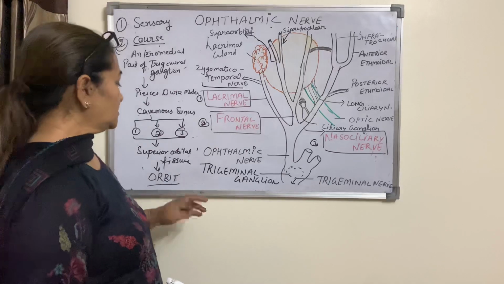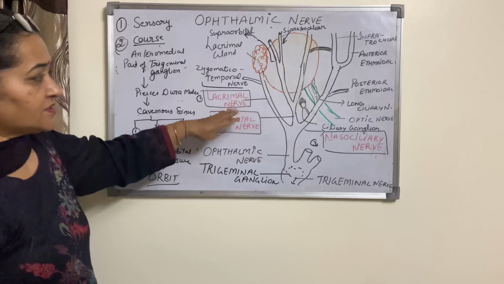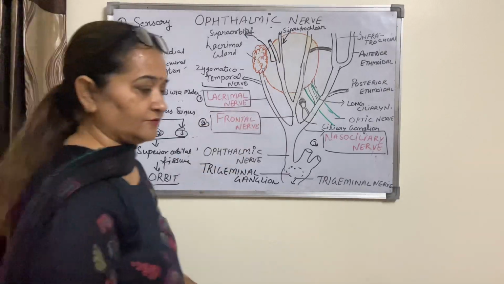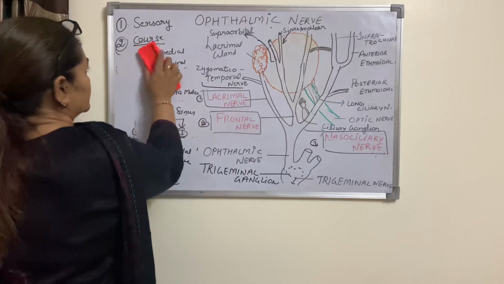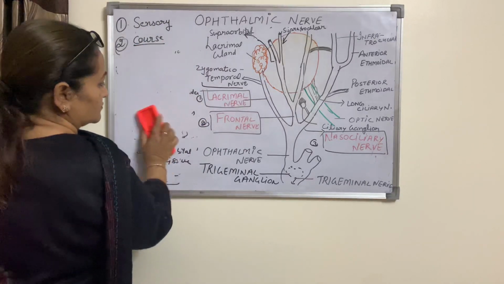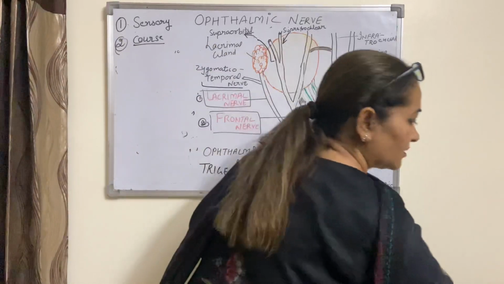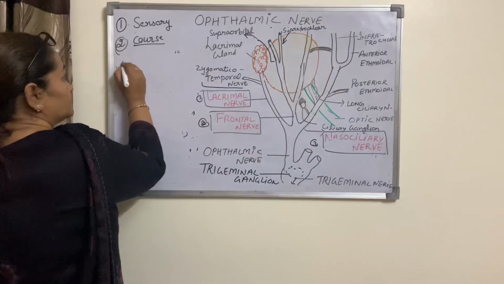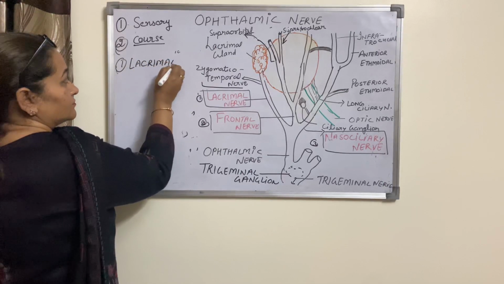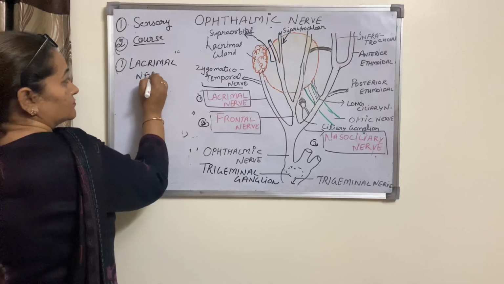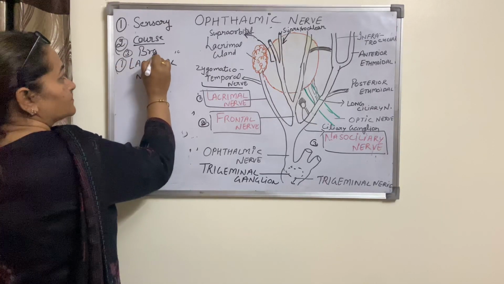Now coming to the different branches of this nerve. We will discuss the branches in detail. First is the lacrimal nerve. What is the fate of the lacrimal nerve? The third part is its branches.